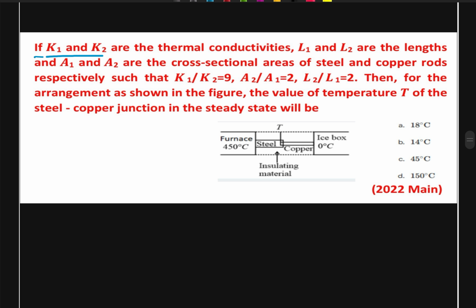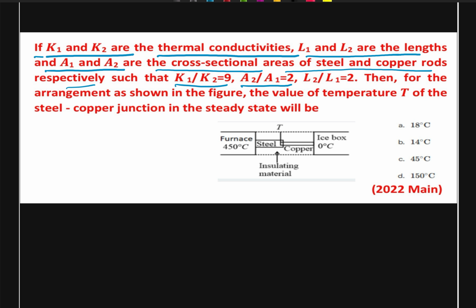If K1 and K2 are the thermal conductivities, L1 and L2 are the lengths, A1 and A2 are the cross-sectional areas of the steel and copper rods respectively, such that K1 upon K2 is 9, A2 upon A1 is 2, L2 upon L1 is 2. Then for the arrangement shown in the figure, the value of temperature T of the steel copper junction in steady state will be.